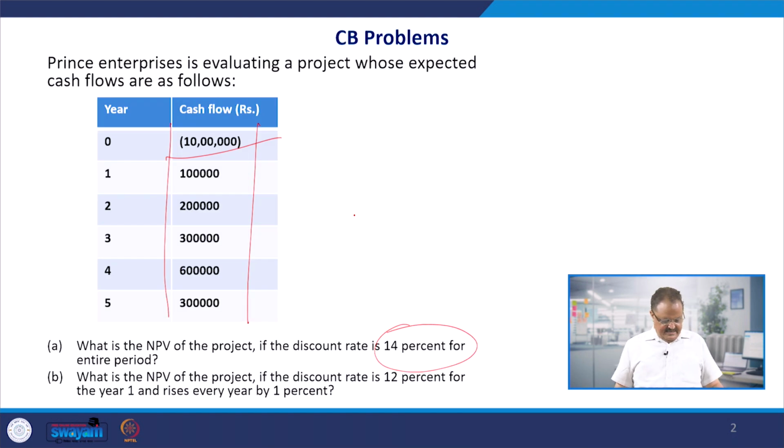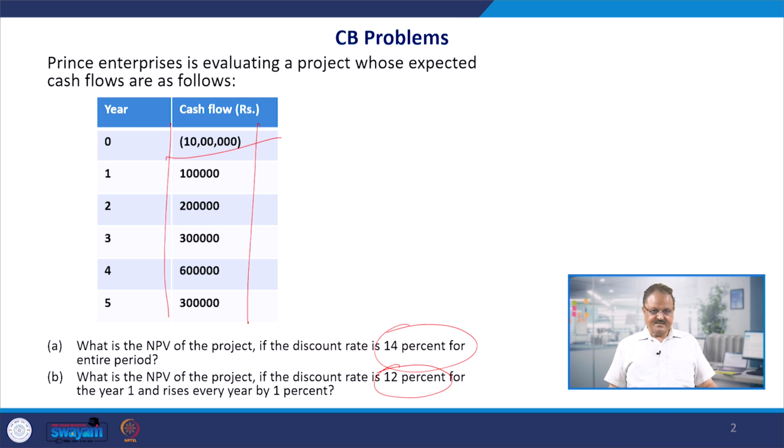First part was what is the NPV of the project if the discount rate is 14% for the entire period, only one discount rate for the entire period. But the second part of the same question is what is the NPV of the project if the discount rate is 12% for the first year, and rises every year by 1%.